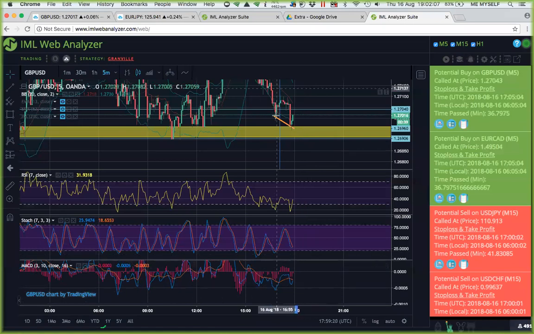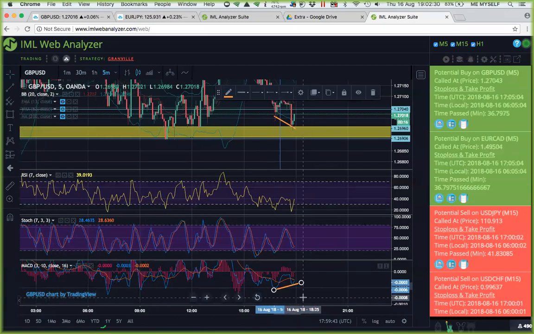Right here, where price hit the Bollinger Band, that's where we start to look from. We look at the RSI, the stochastic, and the MACD, and they're all peaking down like that. Then the MACD has a higher low. Boom.